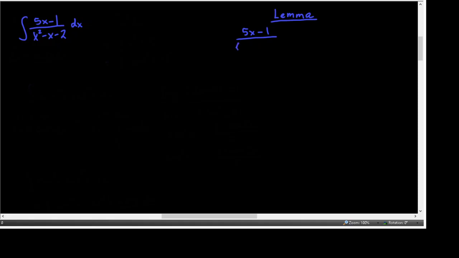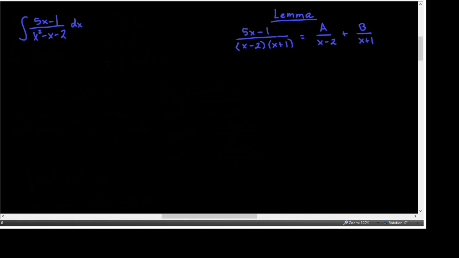So the factors of -2 that add up to -1 are -2 and +1. And this is the easiest type, where you get two linear factors like this. This is the type where you can use what I used first last time, which was making up values of x to solve for one of the variables.